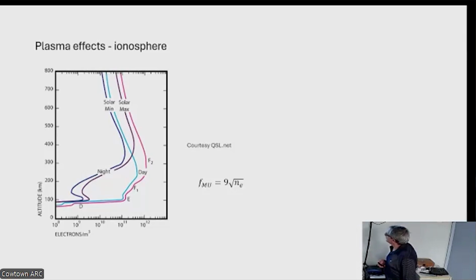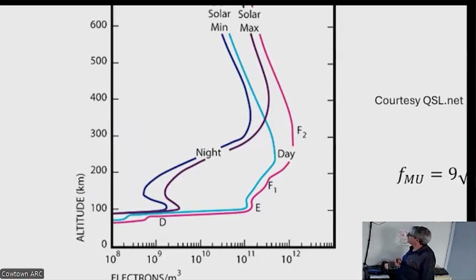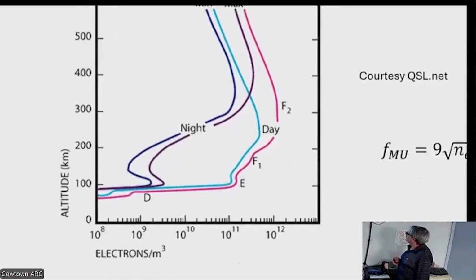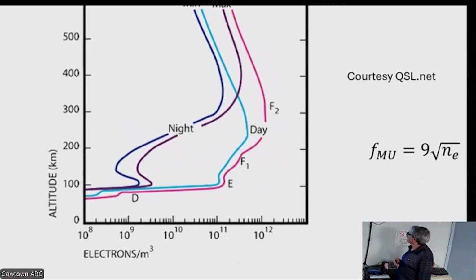That's the height of the refraction. At night, the F1 and F2 layers collapse, and you just have the one layer.